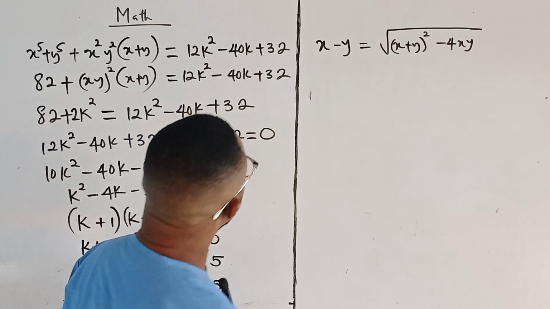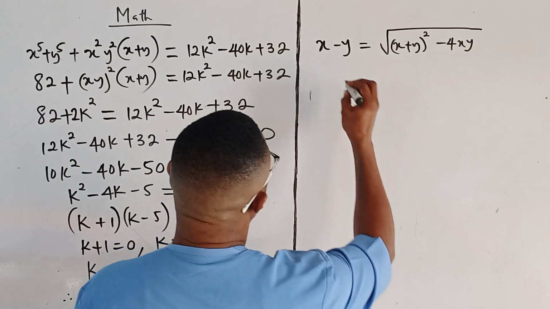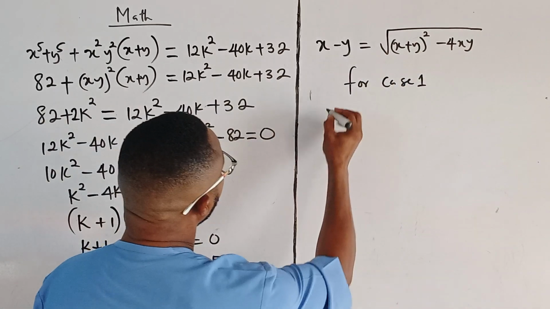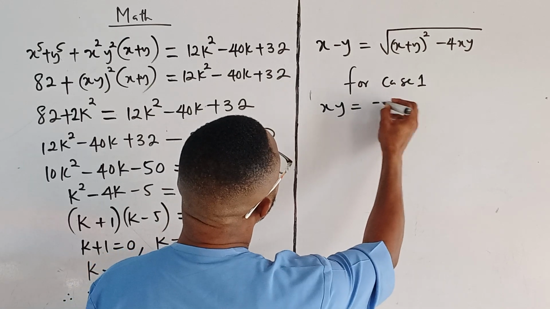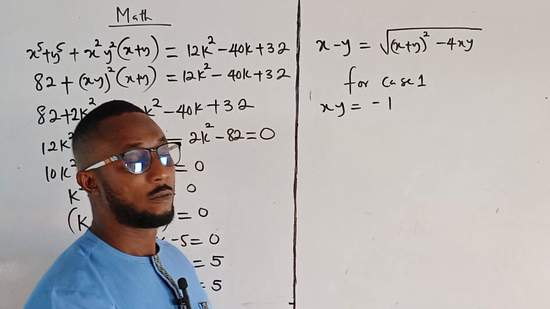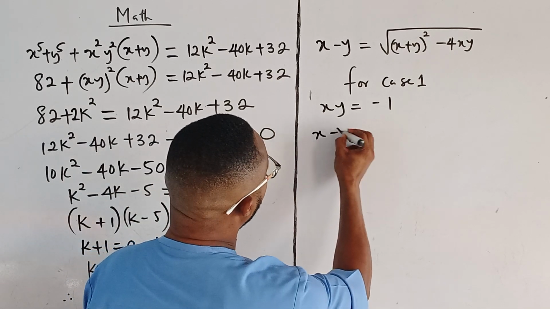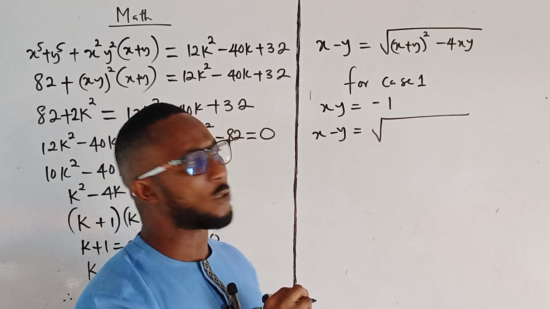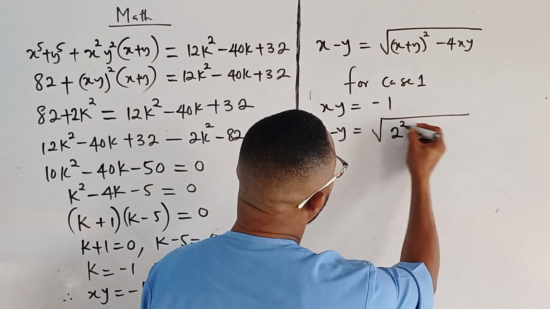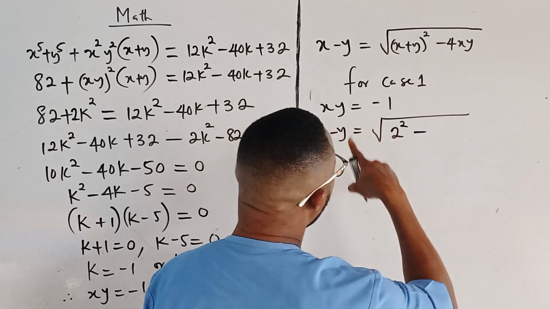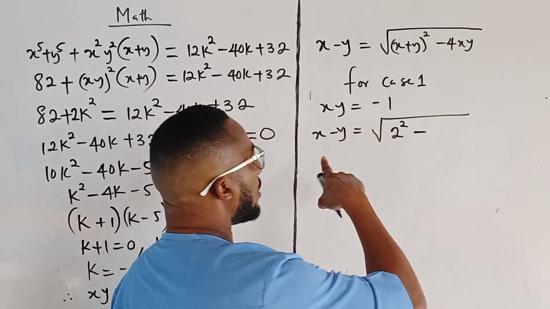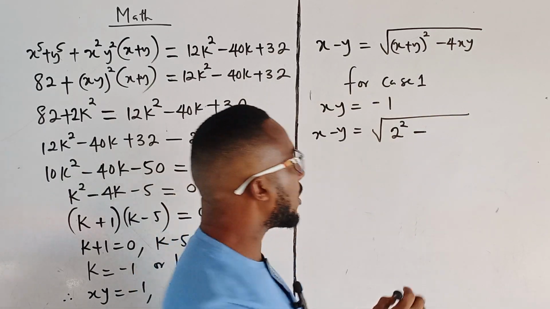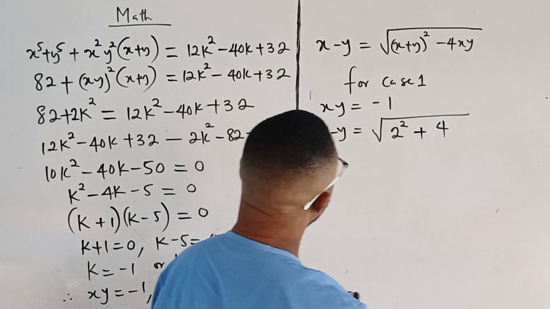So I would then say for case one, we are having xy equal to -1. So I can then say x minus y is the square root of, then we know that x plus y is equal to 2, that will be 2 squared minus, okay, xy is -1, -4 multiplied by -1, that will be +4.